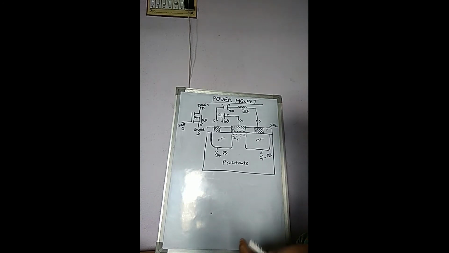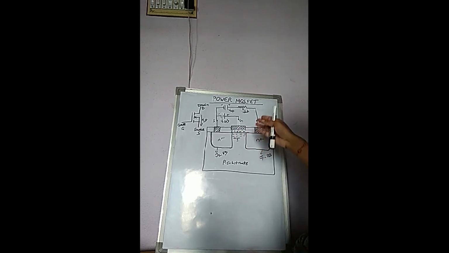Eventually, induced negative charges in the P substrate below the SiO2 layer are formed. Due to this electric field, another layer of charge is induced in this P substrate layer. If this field is positive, its opposite is negative, so a negative charge is induced in the P substrate. This induced negative charge forms the N channel.